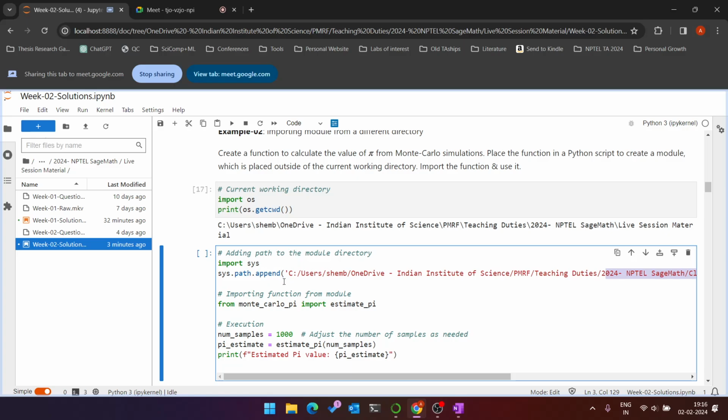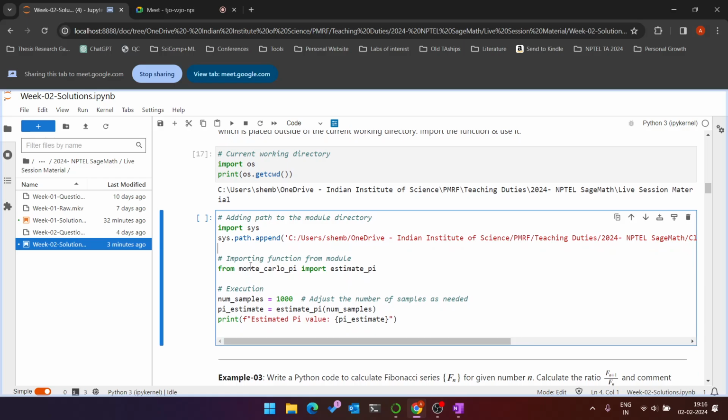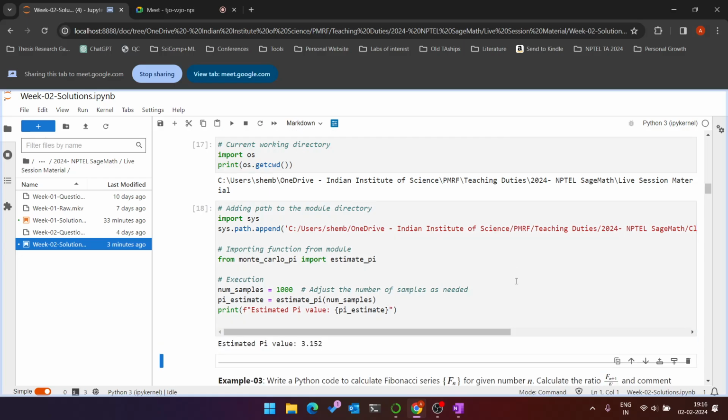That basically tells Python that this new directory is also part of my current working directory and I will use that going forward. Once that is done, from the Monte Carlo Pi file, I import the function estimate pi and then just give a number of samples for it to try and calculate the value of pi.